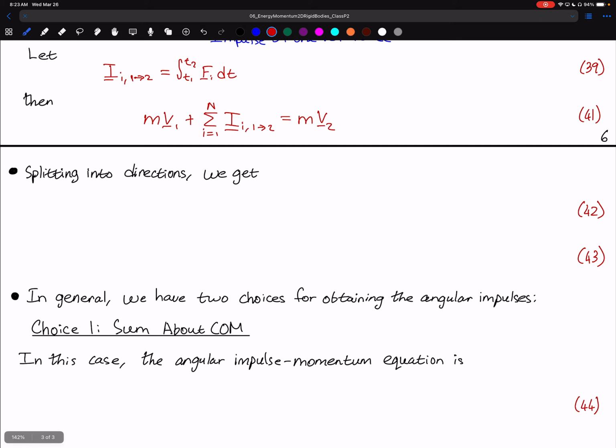From here, we'll split that into our two directions, and we'll get that m times v1x plus the summation i equals 1 to n of I sub ix from 1 to 2. This is going to be equal to m v2x.